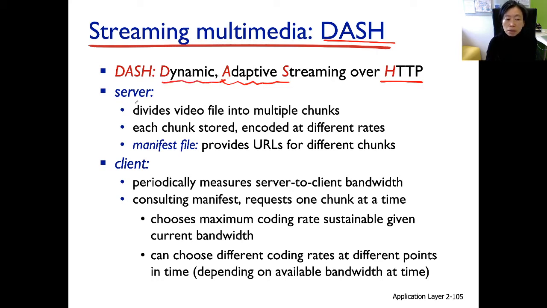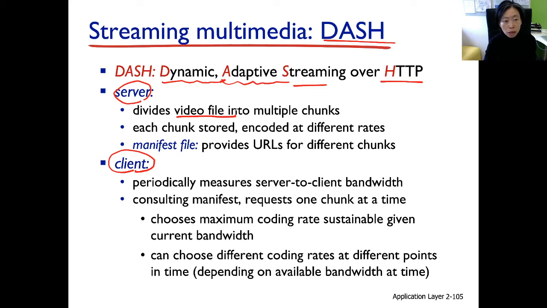The main intelligence is actually at the client side. What the server does is just prepare such that the client can be intelligent about streaming video over the internet. Video files are usually large, with many frames being transmitted over time.